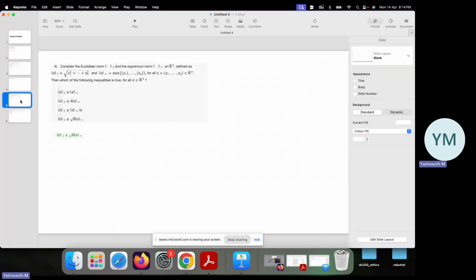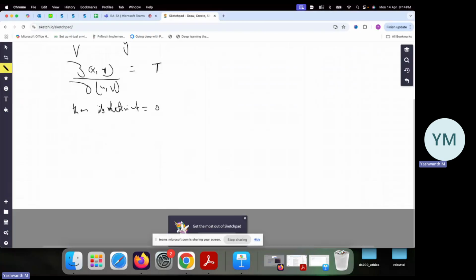Let's see another problem. Consider a Euclidean norm and supremum norm on Rn as defined in the following way. Which of the following inequalities is true? So let's try to prove this.